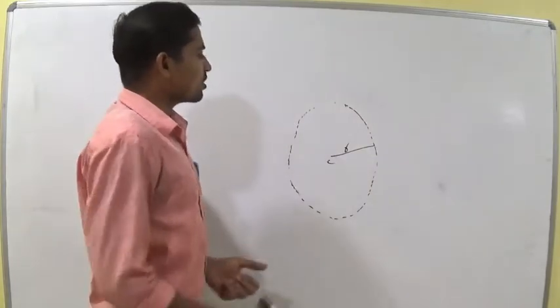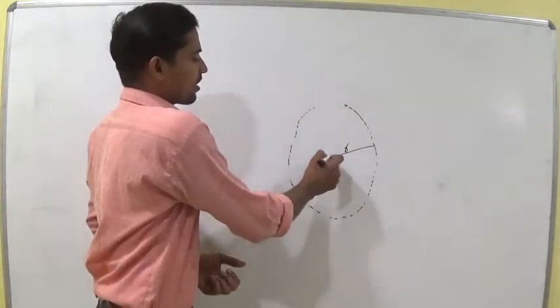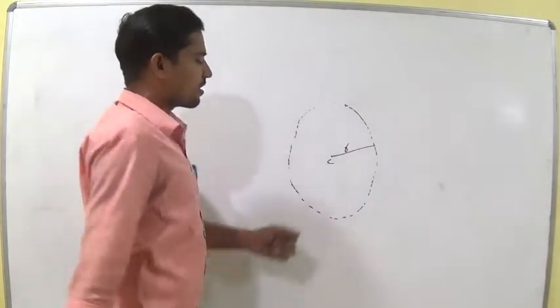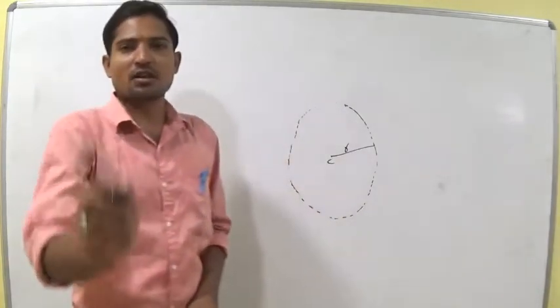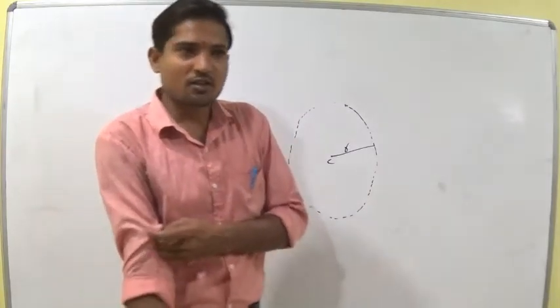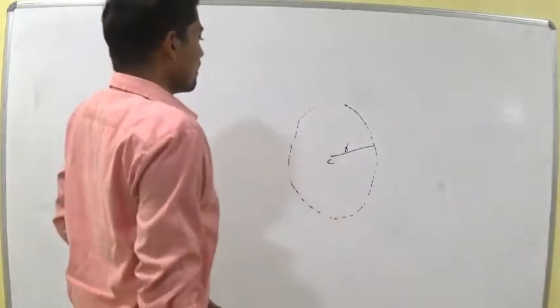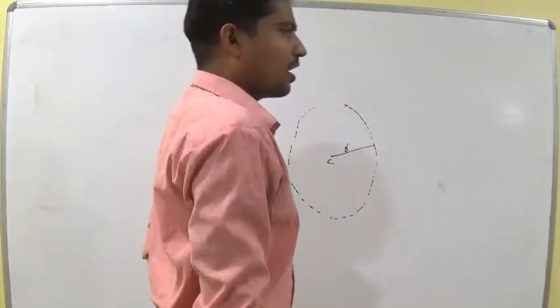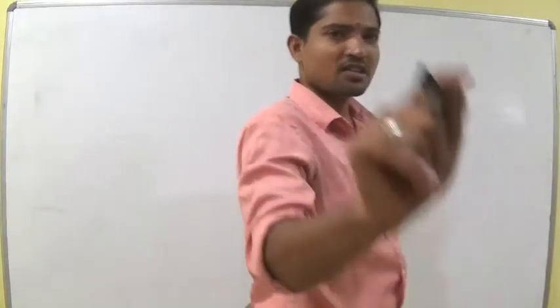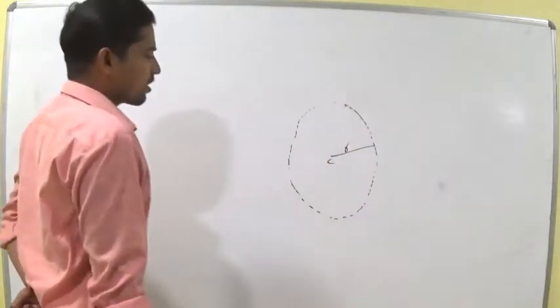Here the fixed point is called the center of a circle. Center is represented by C here, and the fixed distance is called the radius of a circle. Every point satisfies a geometrical condition.